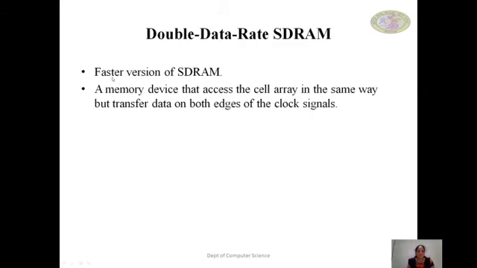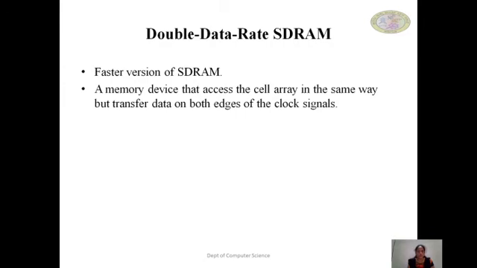In order to provide the faster version of a synchronous DRAM, a similar memory device is made available where the cell array can be accessed in the same way, but in order to transfer data, the data will be transferred on both the edges of the clock cycle.